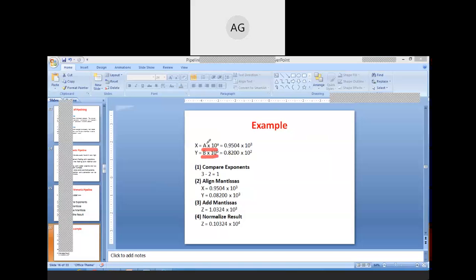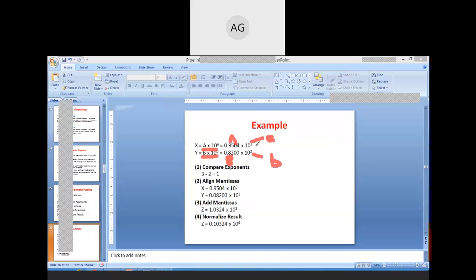Capital A and capital B are treated as mantissas, whereas small a and small b, which are at the power of 10, are treated as the exponents. Here small a is 3, and small b is 2.